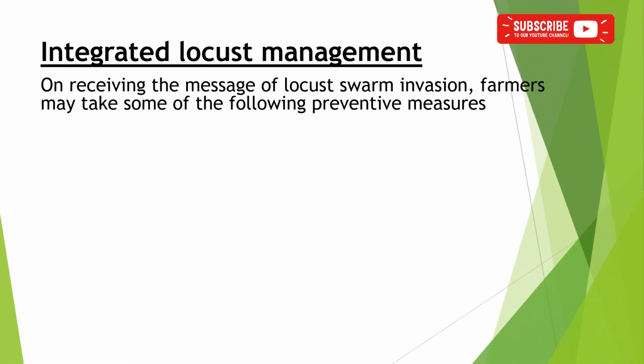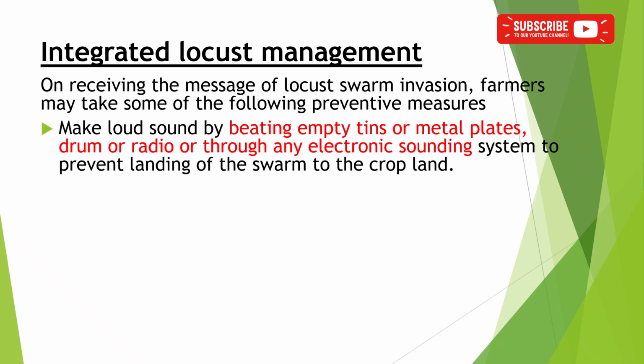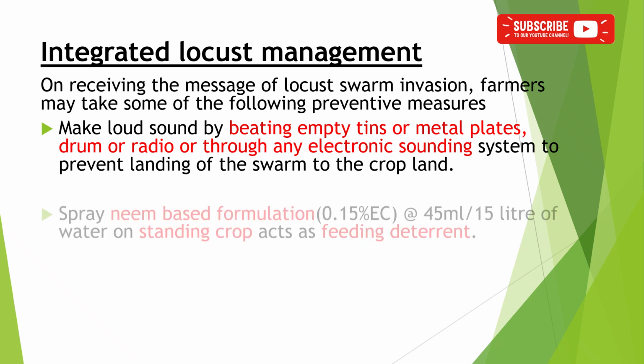Now we can learn about integrated locust management aspects. On receiving the message of locust swarm invasion, the farmer has to take some preventive measures by making loud sounds, by beating empty tin boxes, metal plates or drums, or by using radio or any electronic sounding devices, which avoids the landing of the locust swarm onto the cropland.